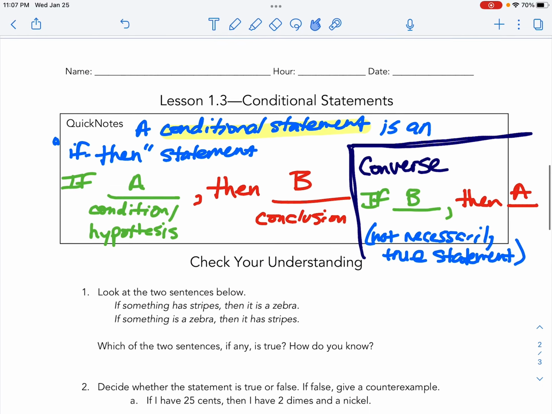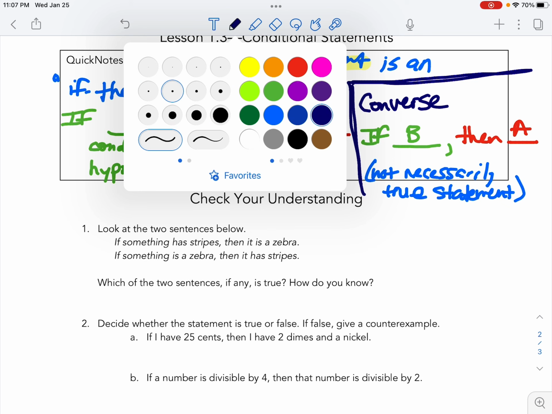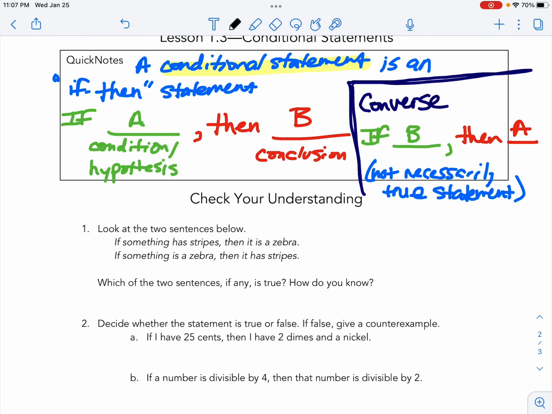Sometimes it most certainly is a scenario where something would work out in both directions, and we want to make note of that. And that phrasing there is known as biconditional statements.